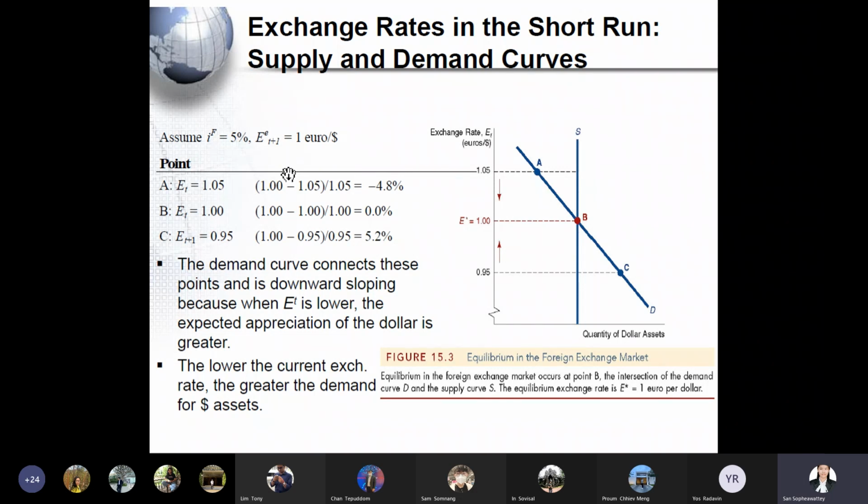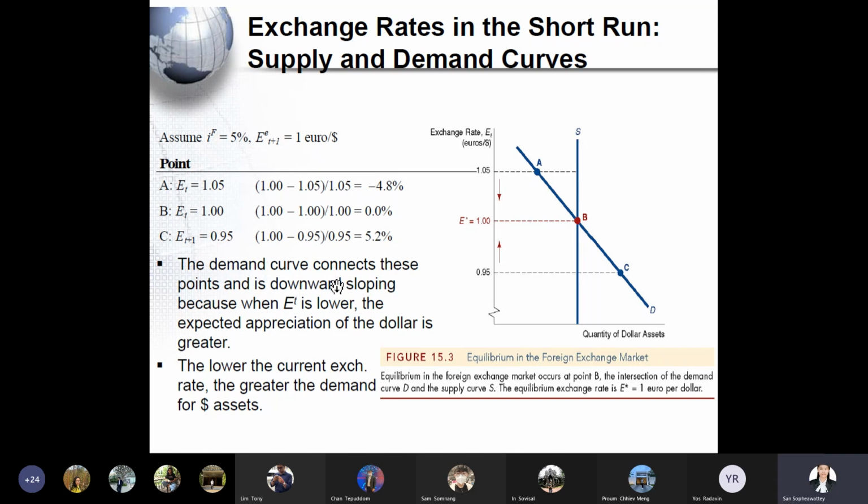It's just the equilibrium, because the current exchange rate and the expected exchange rate are constant. And at point C, you can see there is an exchange rate of 0.95 euro per US dollar.